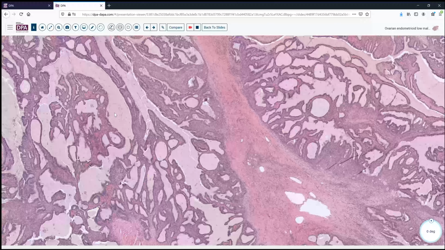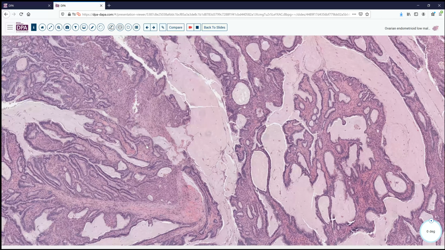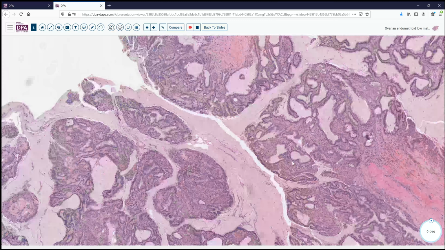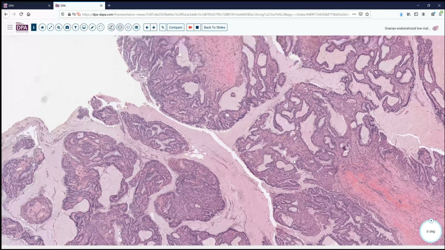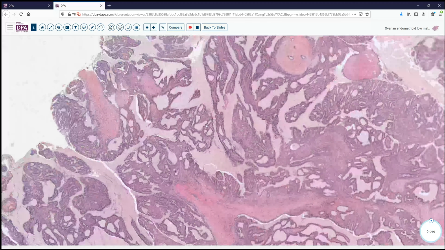We don't have confluent or labyrinthine glands. So again, this is something that would probably fit best into the borderline or low malignant potential category of endometrioid tumors. And so getting this kind of image fixed in your mind is very helpful to see where the center points should be as you begin to make the diagnosis.